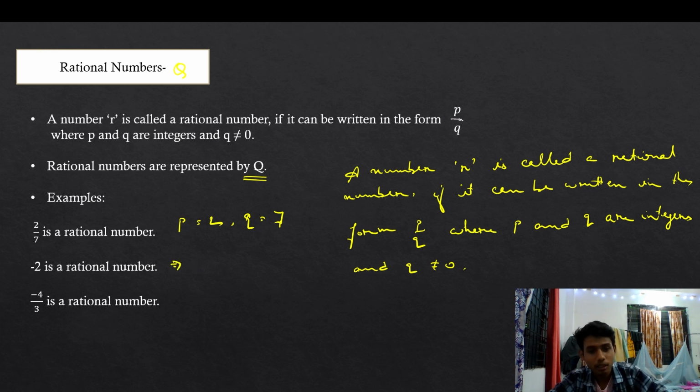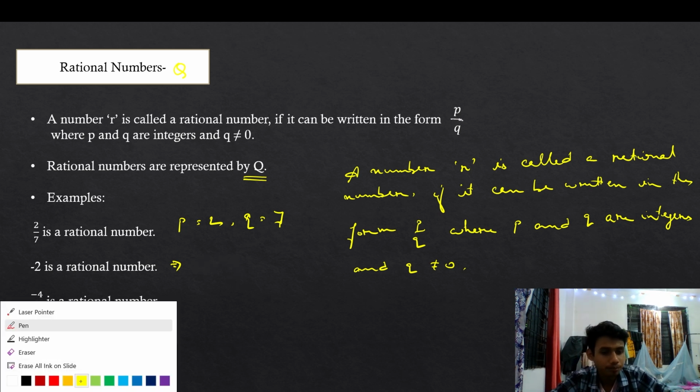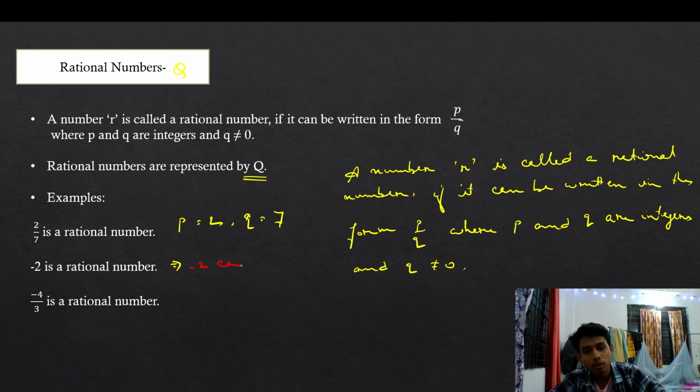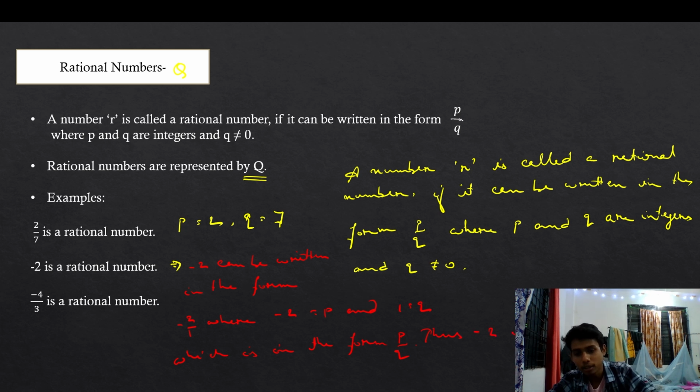We can see that -2 can be written in the form -2/1, where -2 is equals to P and 1 is equals to Q, which is in the form P/Q. Thus, -2 is a rational number.